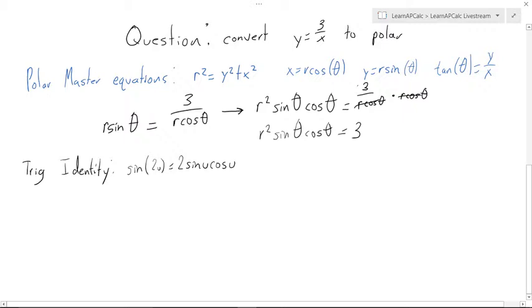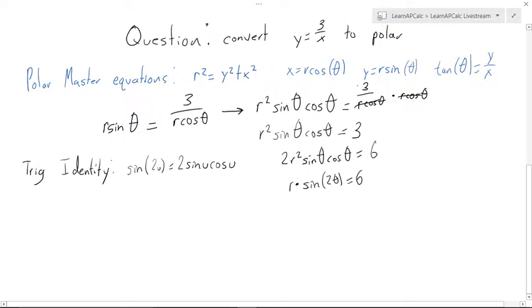And so here, I'm going to multiply both sides by 2, so 2r squared sine theta cosine theta equals 6. And then we're simply going to get r squared times sine 2 theta.